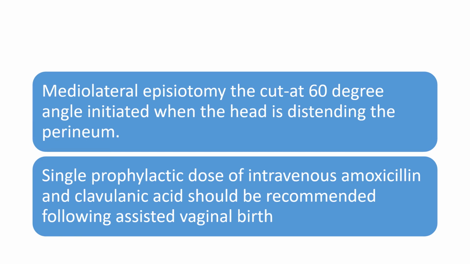Medio-lateral episiotomy, the cut should be at 60-degree angle, initiated when the head is distending the perineum. A single prophylactic dose of intravenous amoxicillin and clavulanic acid, which is co-amoxiclav in short, is recommended following assisted vaginal birth.